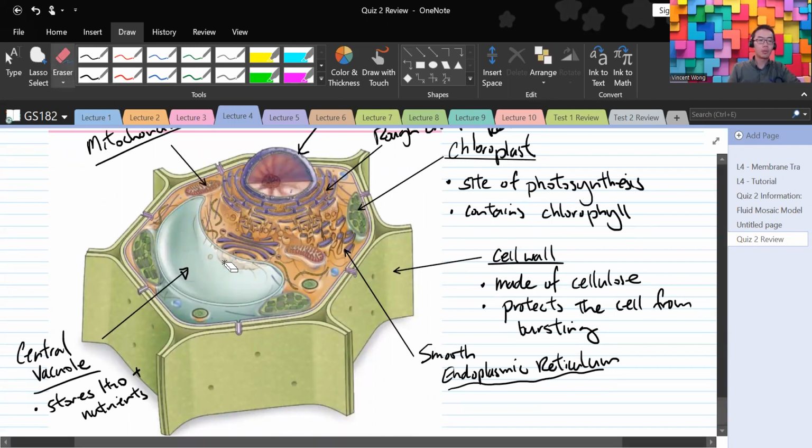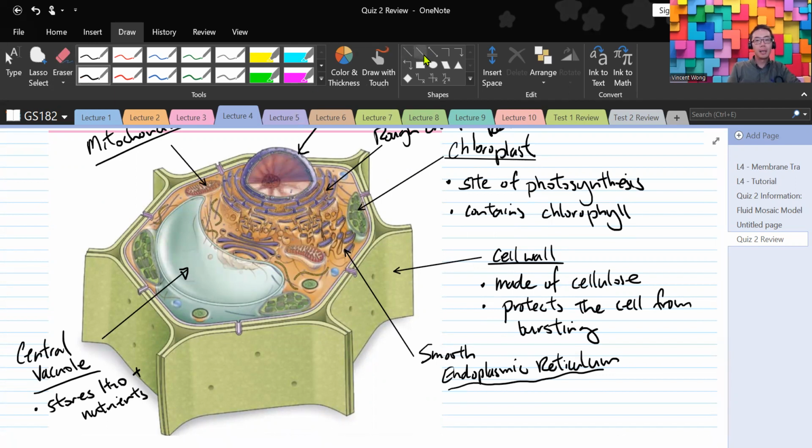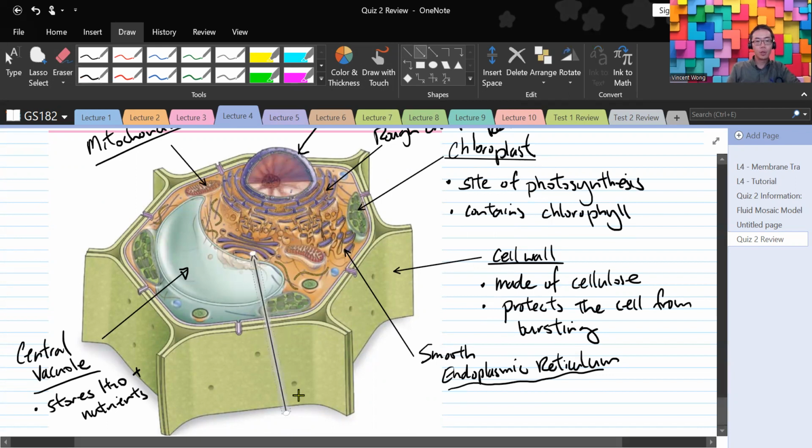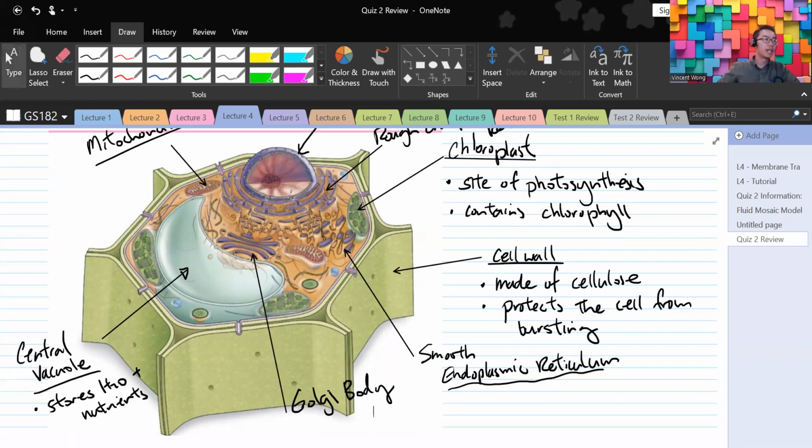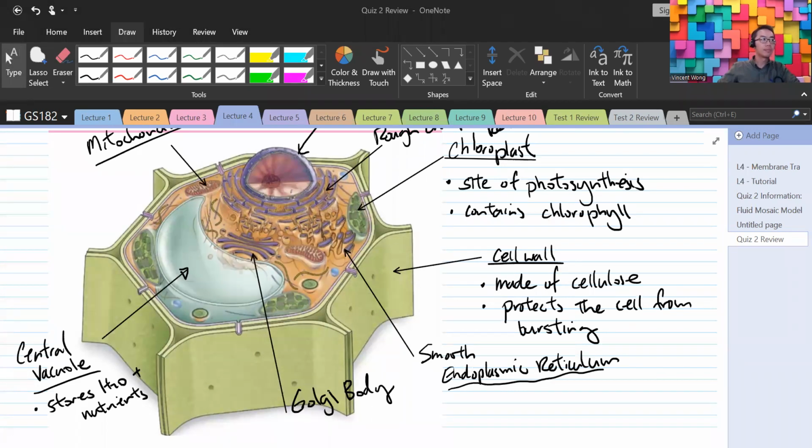But mostly water and nutrients. There is the Golgi body again. It sorts and modifies. Yeah, that is basically that. Any question?